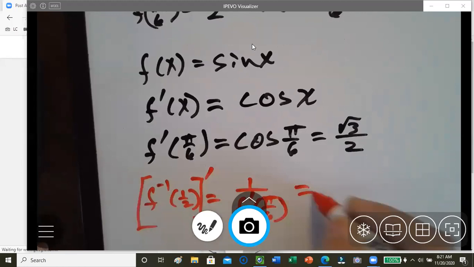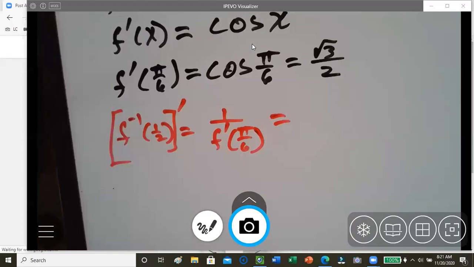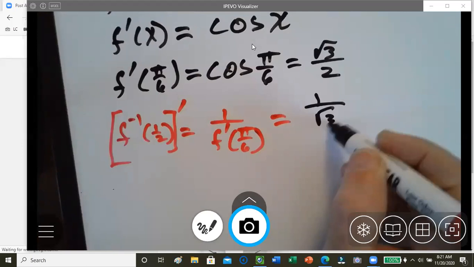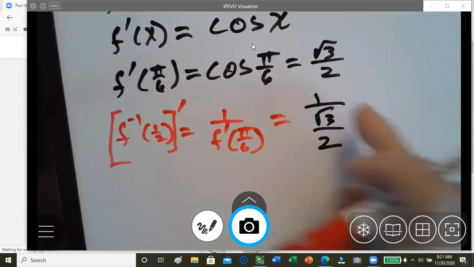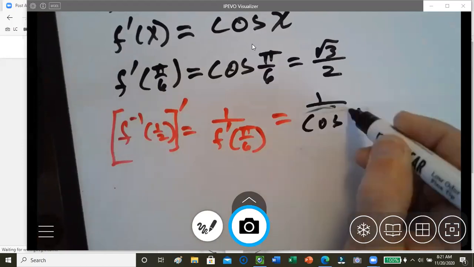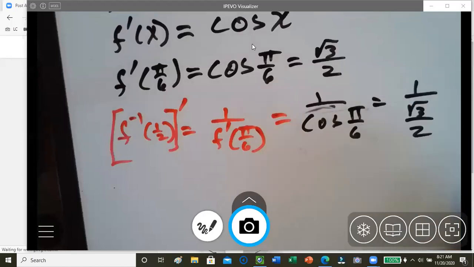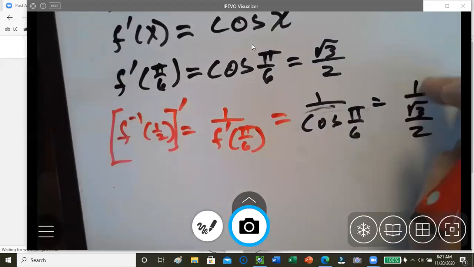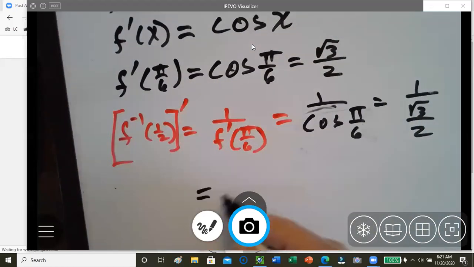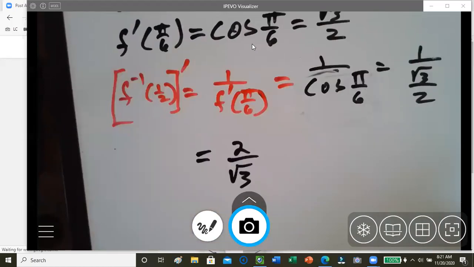And so that is 1 over square root 3 over 2. So that would be the same thing as cosine of pi over 6 equals 1 over square root 3 over 2. Because we have to apply the reciprocal, we're going to flip that. And so that becomes 2 over the square root of 3. Any questions with that?